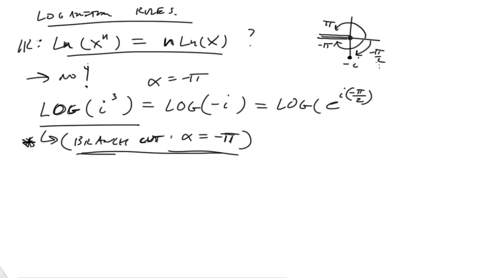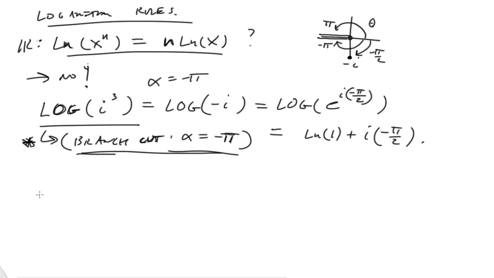Those are the angles I have available, so I have to use that principal value inside there. And of course we know that's going to be natural log of r, which is 1, plus I times negative pi over 2. So there's a good example calculation of how to use the complex logarithm.